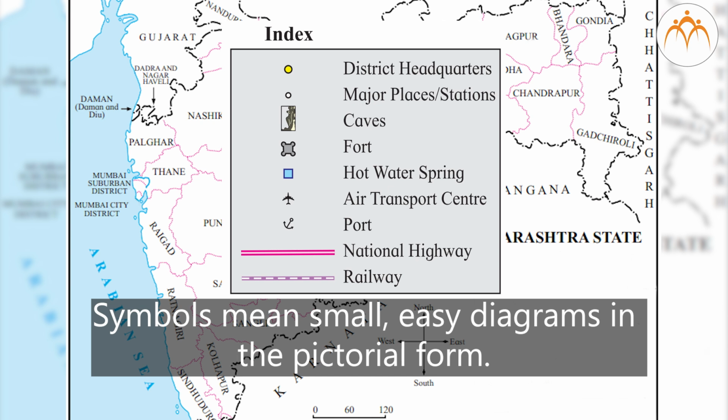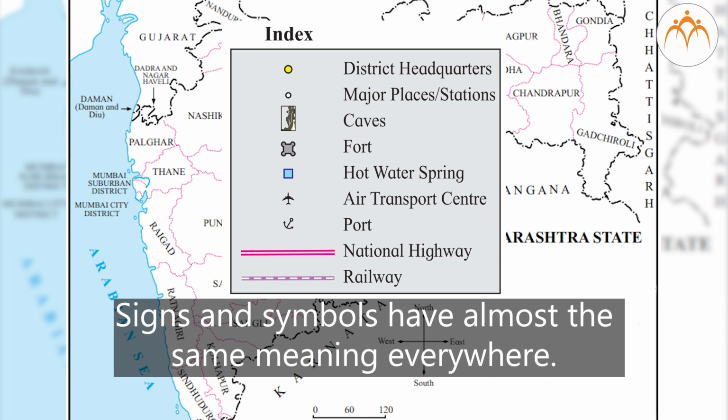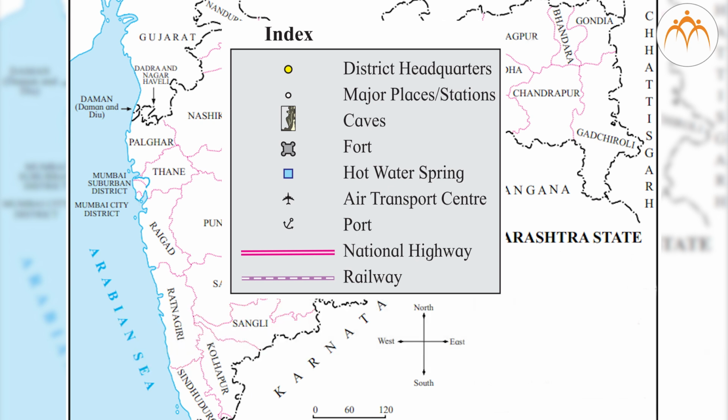For example, temple, fort, masjid, etc. Signs and symbols have almost the same meaning everywhere. Signs and symbols make reading of the map easy. Means we can get correct information in brief from the map.